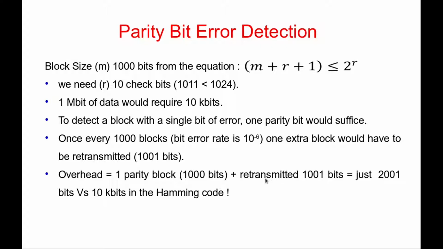And while being retransmitted, that will be the block 1000 with its parity bit 1, that means 1001, and that amounts to just 2001 bits versus the 10 kilobits that we have discussed here with this relation.